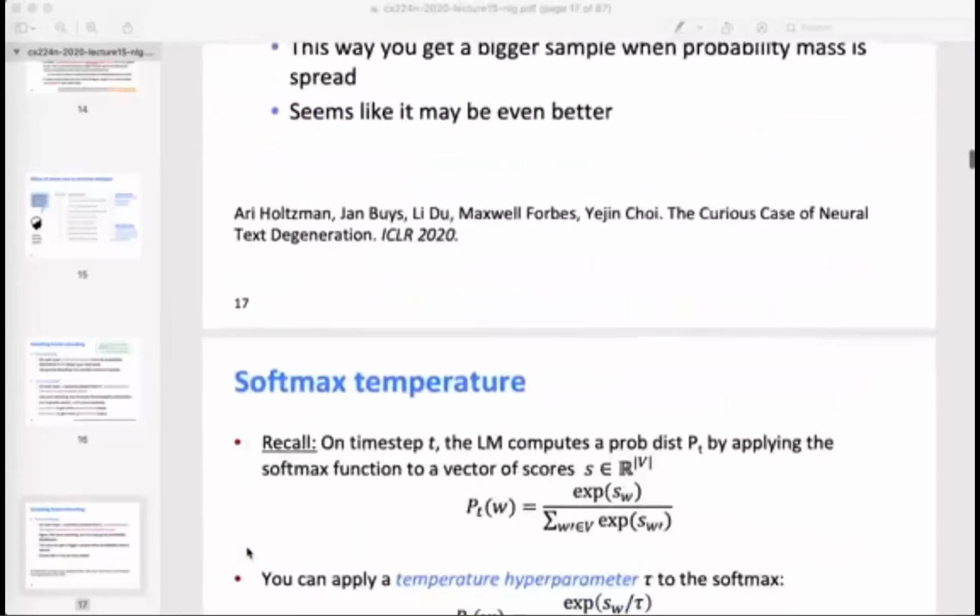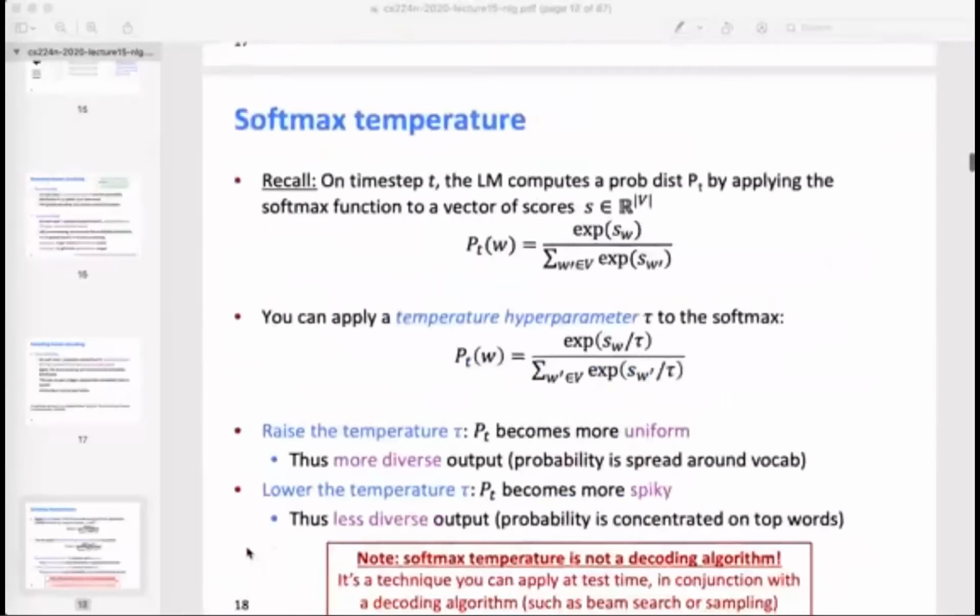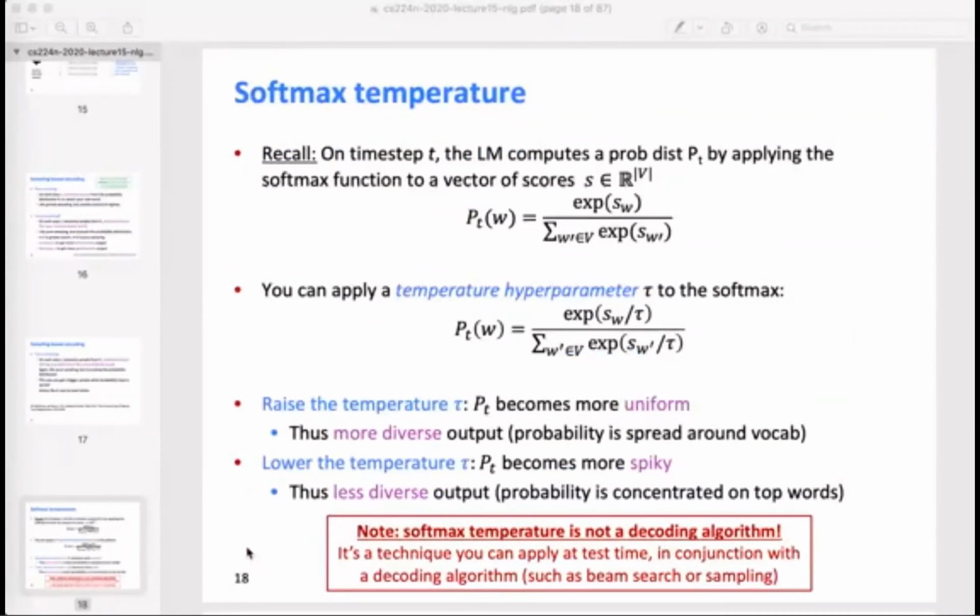There's also a technique that we should be aware of. It's called softmax temperature. So basically, on each time step t, the language model computes the probability distribution P_t by applying the softmax function to a vector of scores. And you can apply a temperature hyperparameter tau to this softmax formula. When you raise the temperature tau, the softmax becomes more uniform, and thus it provides more diverse output.